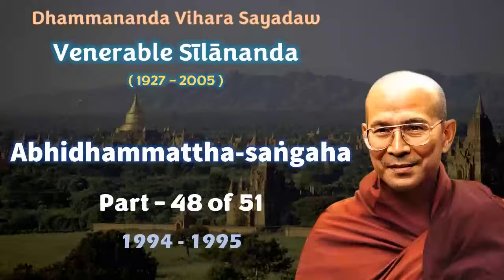For example, aramana adhipati can be included in aramana, object, and it can be included in decisive support, and it can be included in ati, presence. And sahajata adhipati, that means arising together and being predominant, can be included in just ati or presence, and so on.